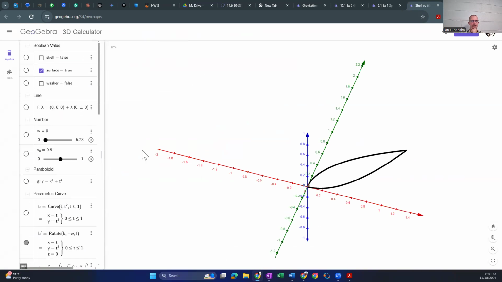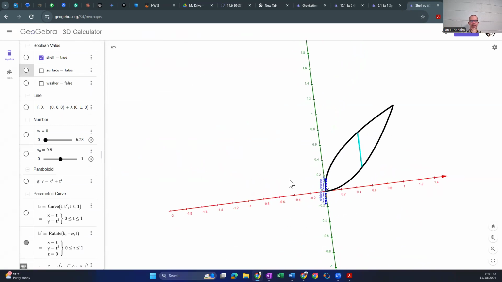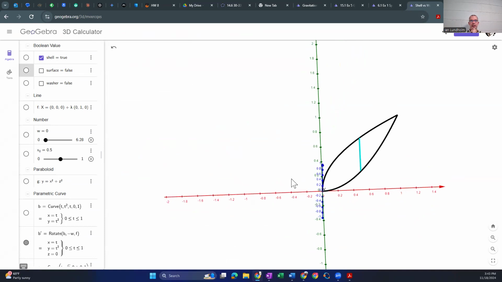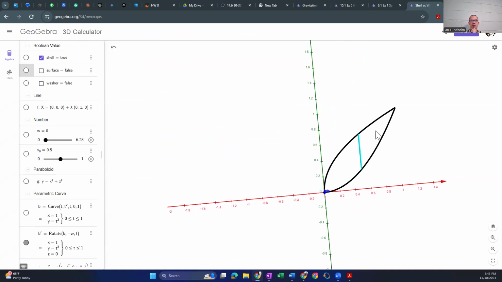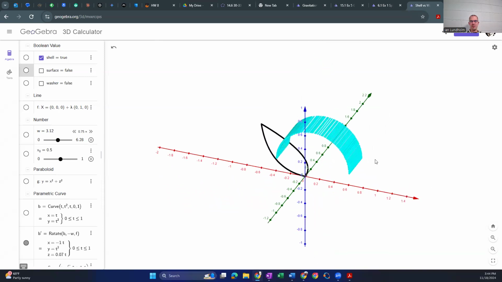Okay, so if I rotate this thing around the y-axis, let's watch what happens. It's rotating, rotating, and there's that little line segment that's getting copied over and over.